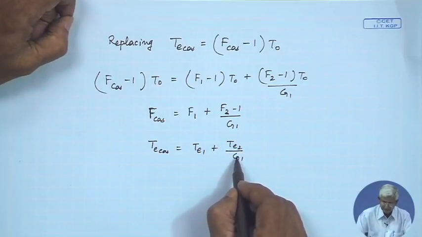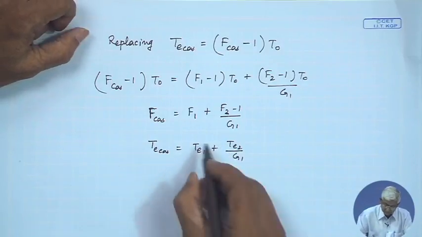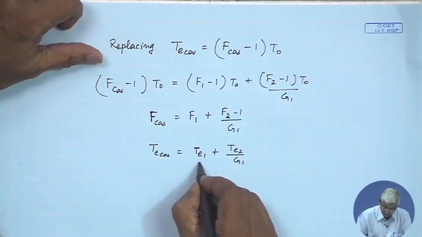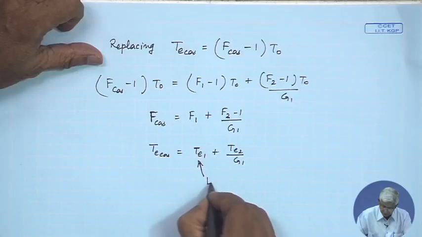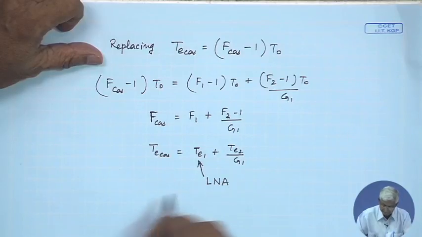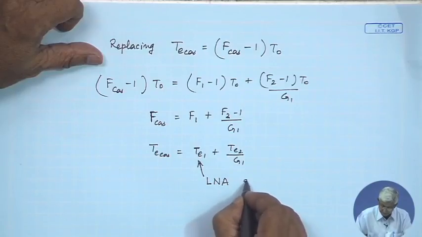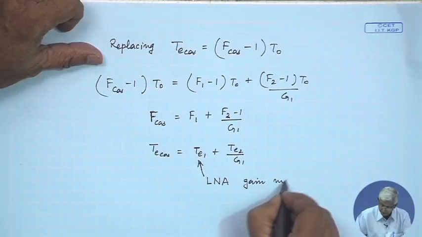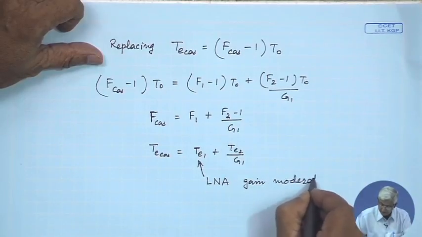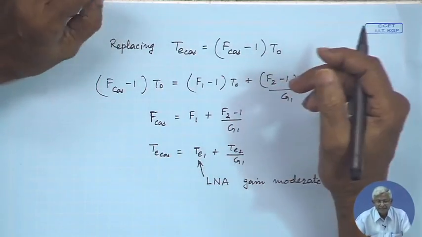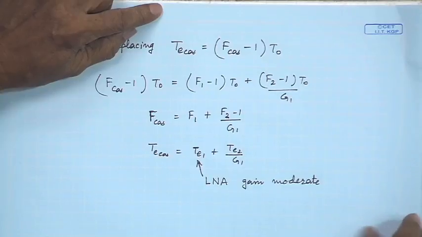So, first stage gain can be moderate to high. The first stage noise temperature should be low, that says this should be a low noise amplifier, and the low noise amplifier gain should be moderate. If you remember, in our space system we have said that LNA gain is roughly of the order of 20 dB, and subsequent gain can be higher. That particular LNA has to have low noise temperature or low noise figure.